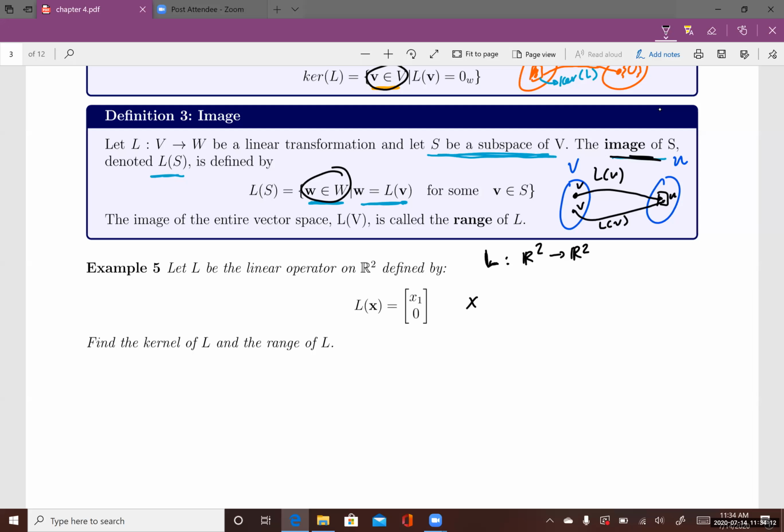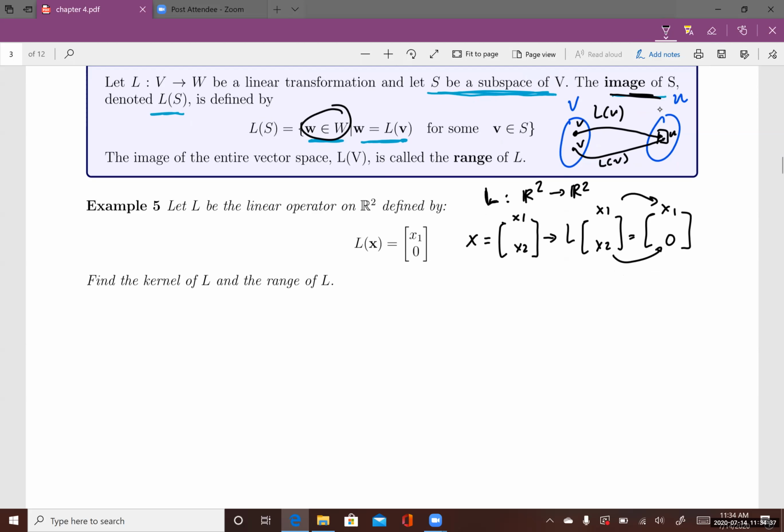For example, if x equals (x1, x2) is a random vector in R2, then L(x) equals (x1, 0). This is how you describe this linear transformation.